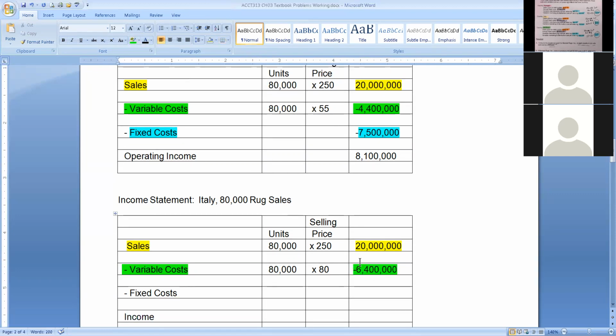So that's the variable cost. Fixed costs are 5 million. And that should be a negative. Costs are going out.